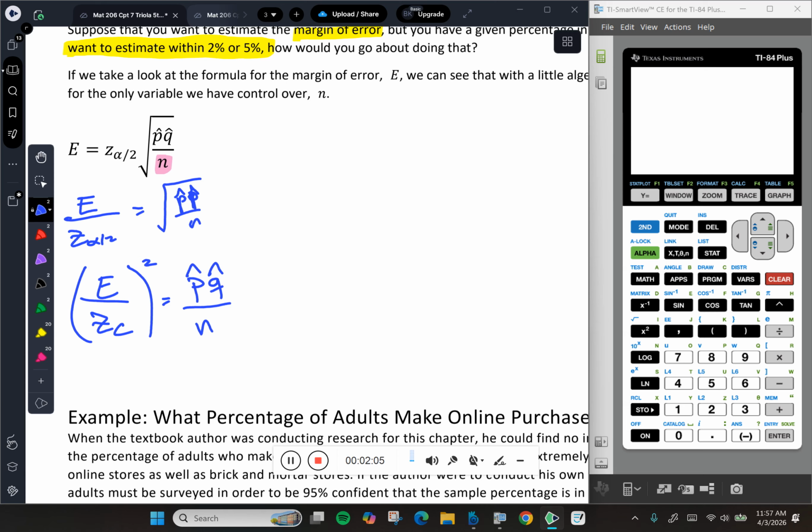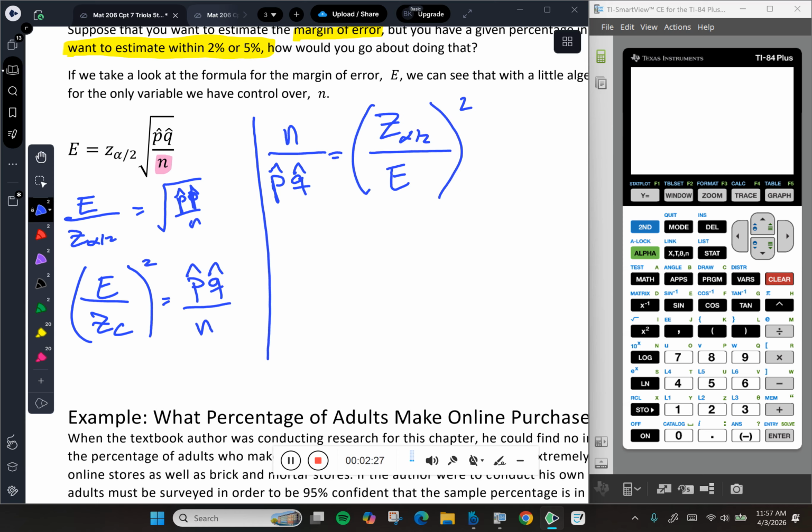So then I've got a statement where a fraction is equal to a fraction. So I'm just going to flip both sides. That's going to give me n divided by p hat q hat is equal to the quantity z of alpha over 2 divided by E, squared.